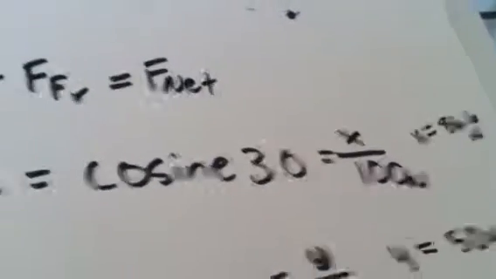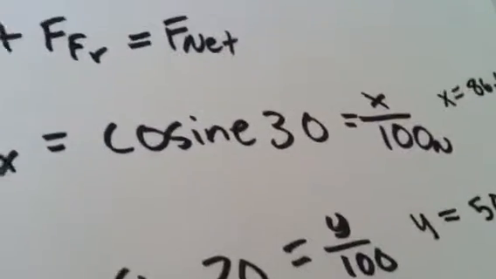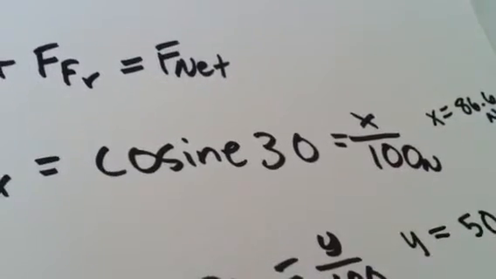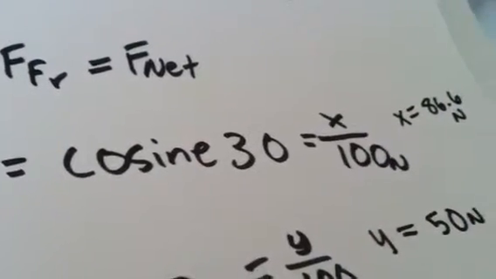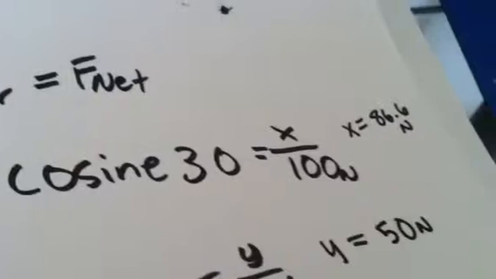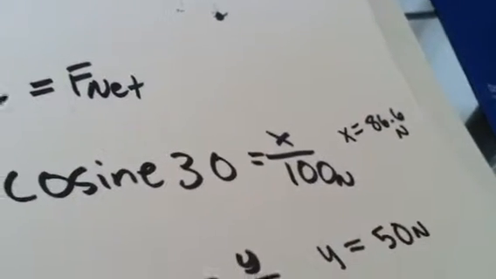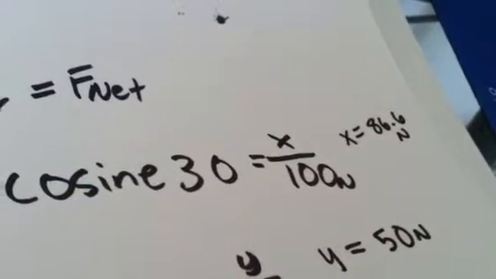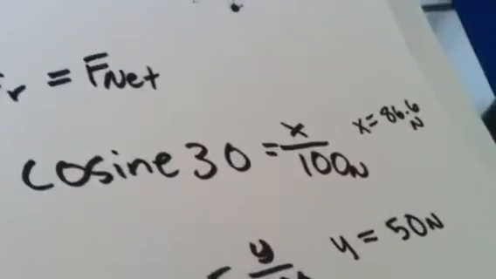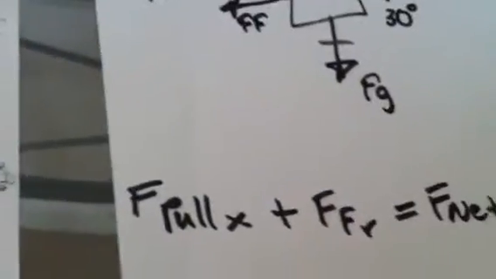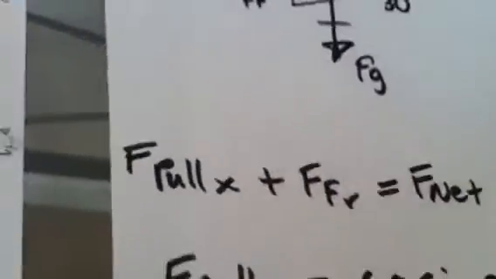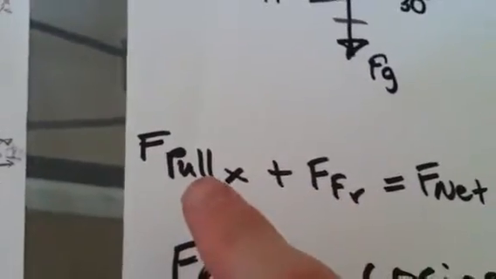I know I said that really crappily, but that's just me. You'll get a number, times it by 100, solving for x. If you don't know how to do that, watch all the other vector problems. And you'll get an x of 86.6 newtons. That is the first part.